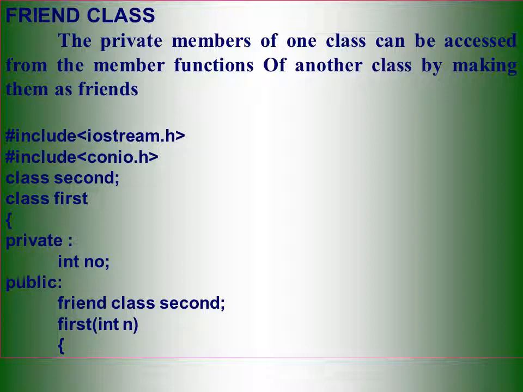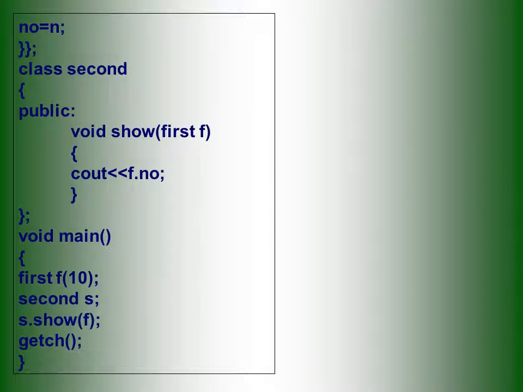Into that, the first function is a friend of class second. Because of this we can access this private data member variable in the member functions of the second class. Okay, let us see how it's happening. See here the number equal to n, they are assigning in the functions of the first class, and the class second is defined here, public void show of first f.